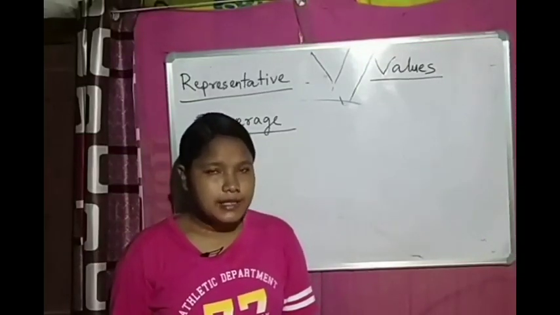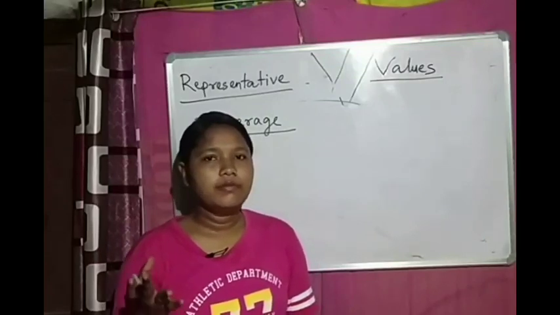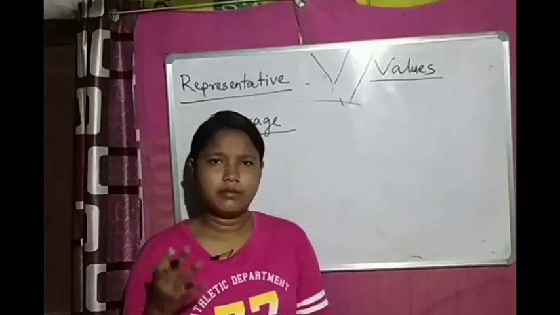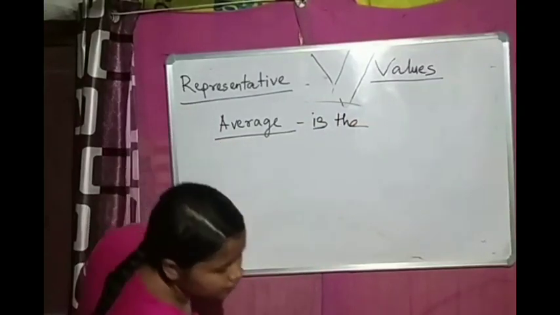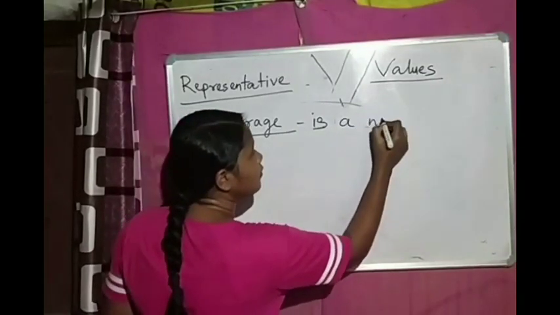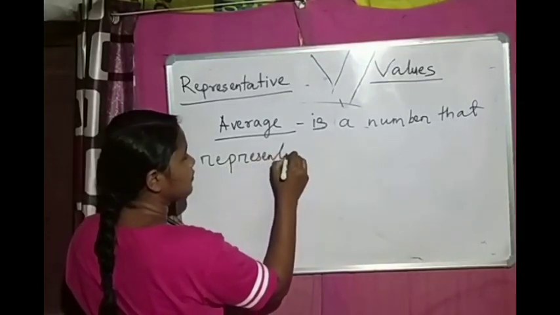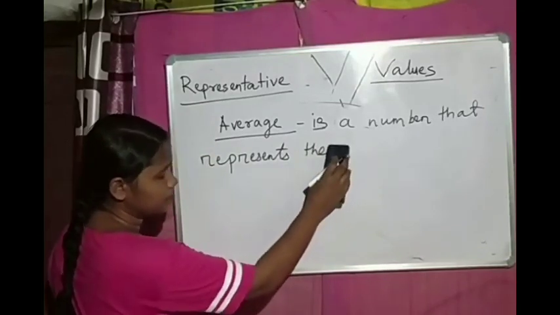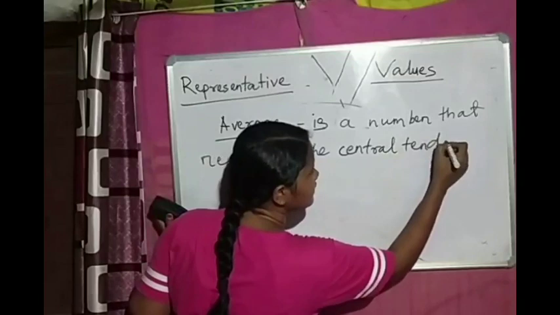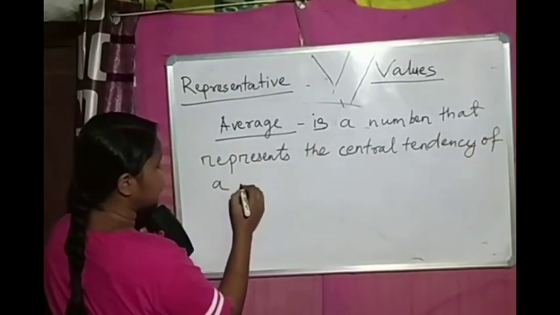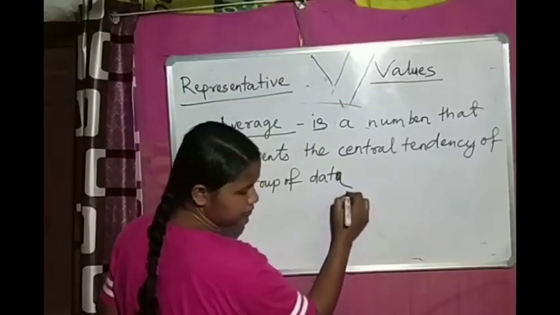So average is what? Average is a number that represents or shows the central tendency of a group of observations of data.